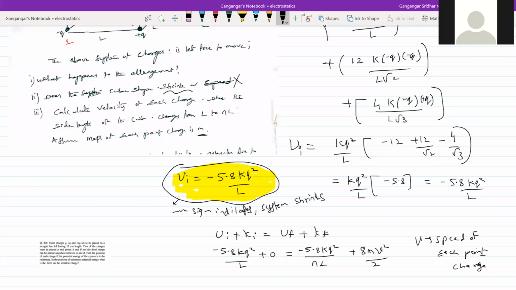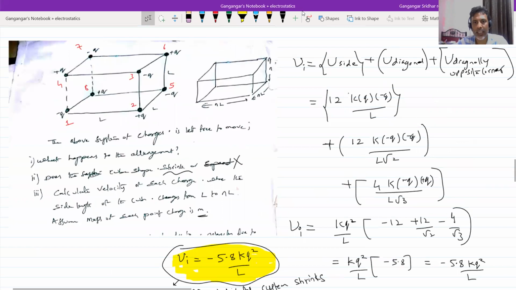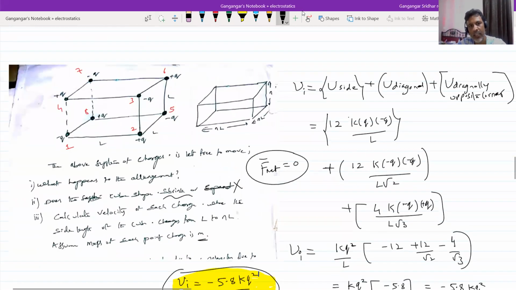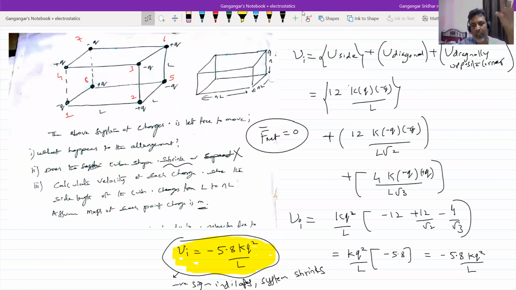Sir, can you repeat why did you take the velocity same for all the particles? The net force acting on the system, I think I'll justify the statement. What is the net electrostatic force acting on the system? Net total is 0, no? Because electrostatics is a mutual force. So where do they meet finally? The system will shrink, so they should meet at the center of mass.